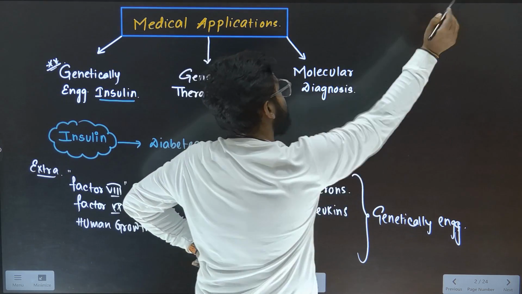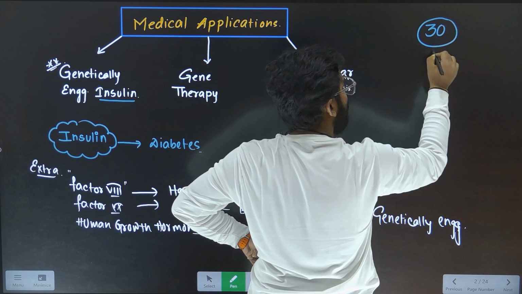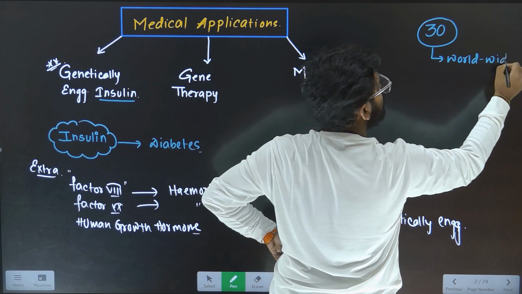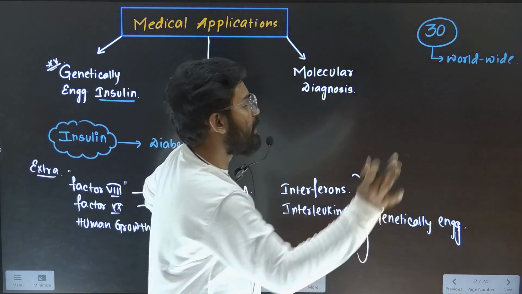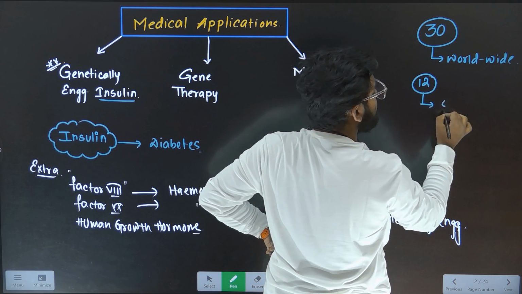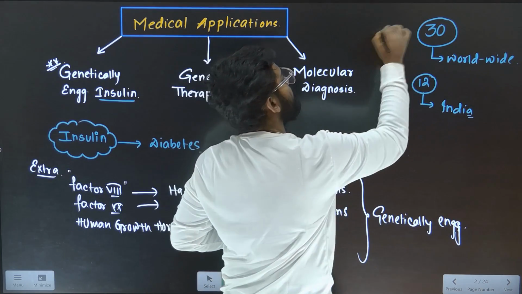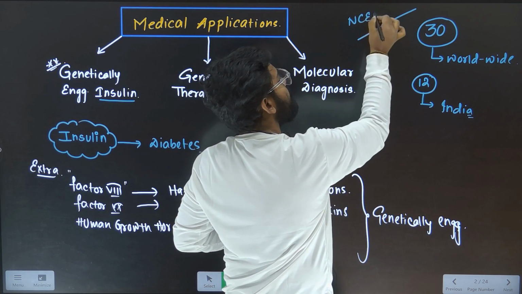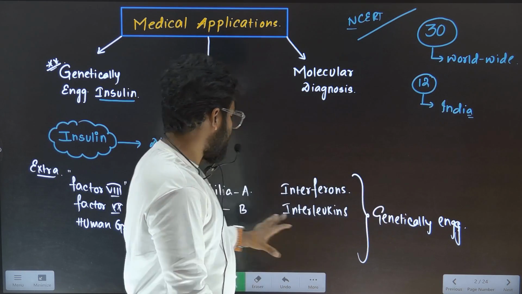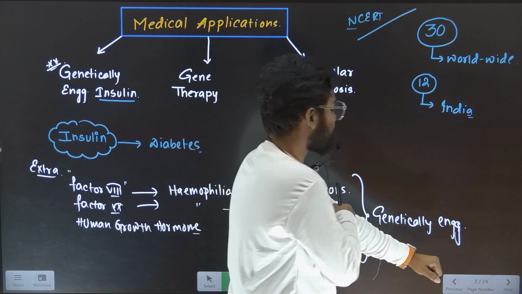If we see the data of NCERT, there are around 30 products worldwide that have been produced by genetic engineering, and out of these 30, 12 products are marketed in India. Is that clear? This is a point of your NCERT. 30 products have already been produced by genetic engineering technique, and 12 are marketed in India.